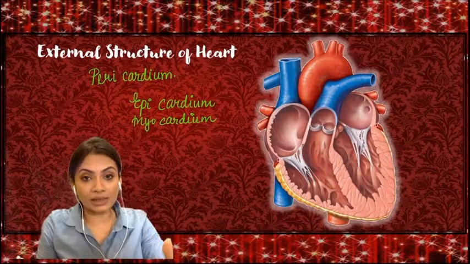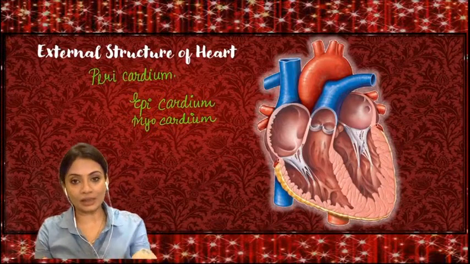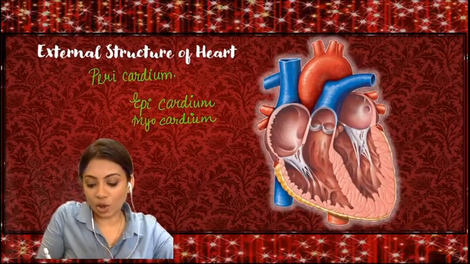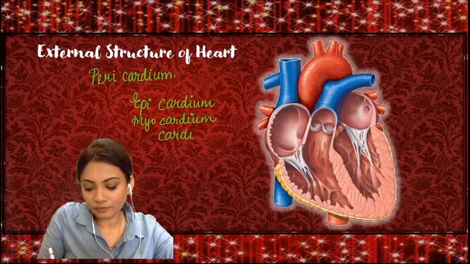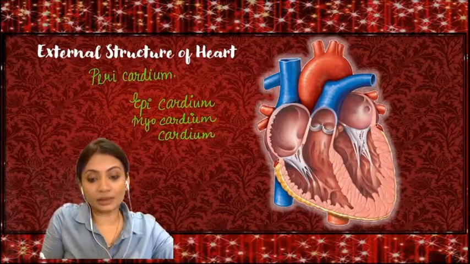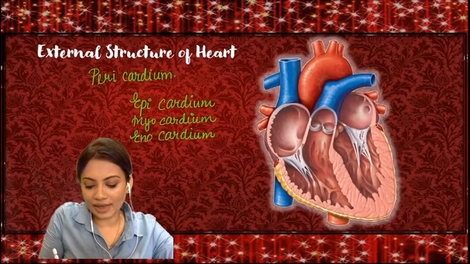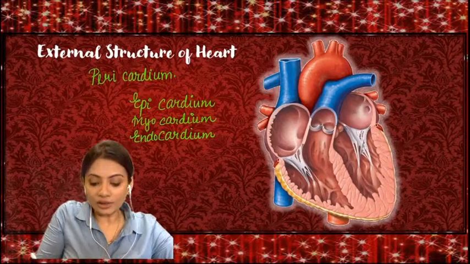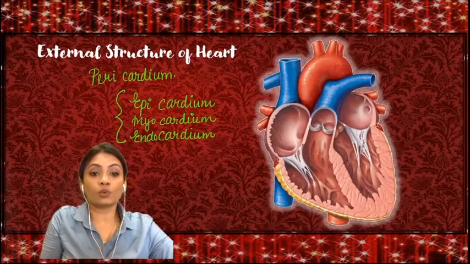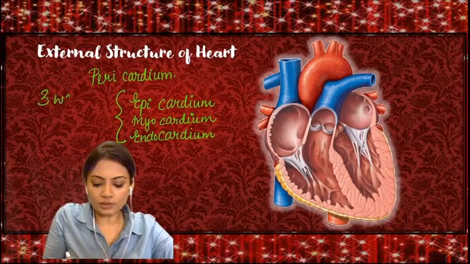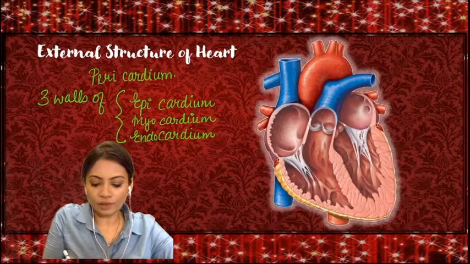So that's epicardium, then myocardium. And finally, the innermost layer is called the endocardium. All of these three put together are the three walls of the heart.